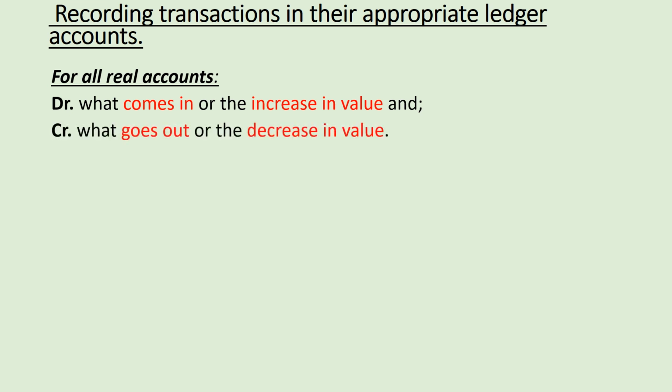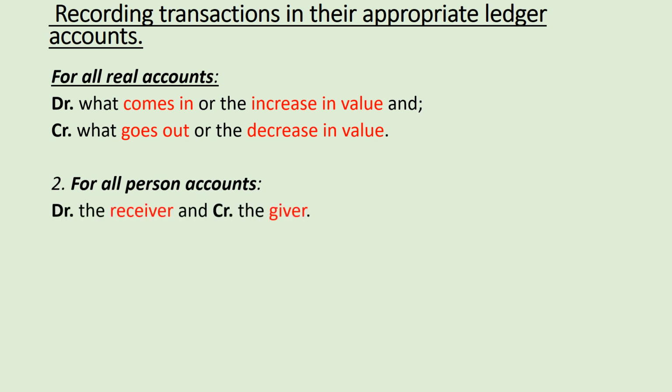And if there's an account that has experienced a value going out of it or decrease in value, you credit that account. So for all personal accounts, you debit the receiver and you credit the giver. So the personal account that is receiving, you debit it, and the personal account that is giving, you credit it.